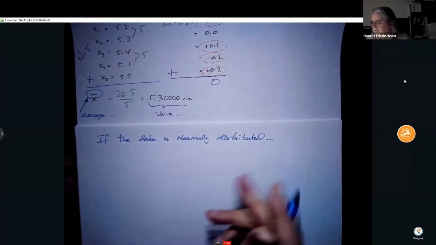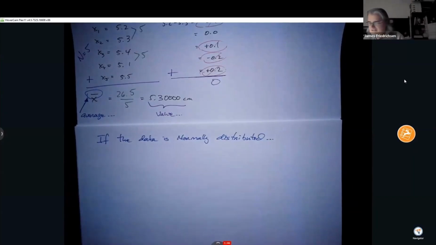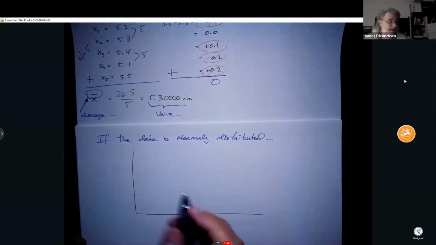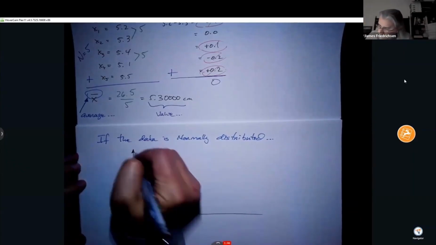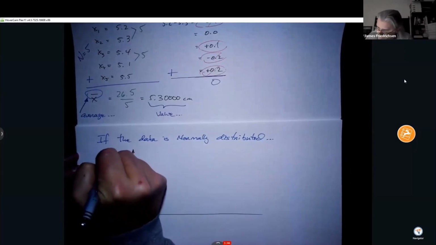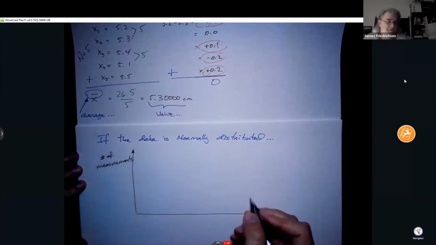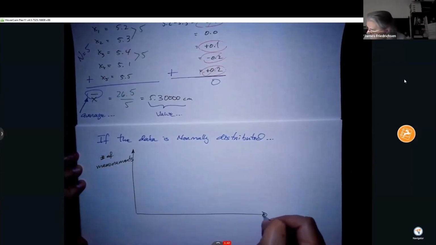So if we believe that our data should be normally distributed, then what that means is that if we were to plot it out, what we're going to plot here are the number of measurements versus the value of the measurement.